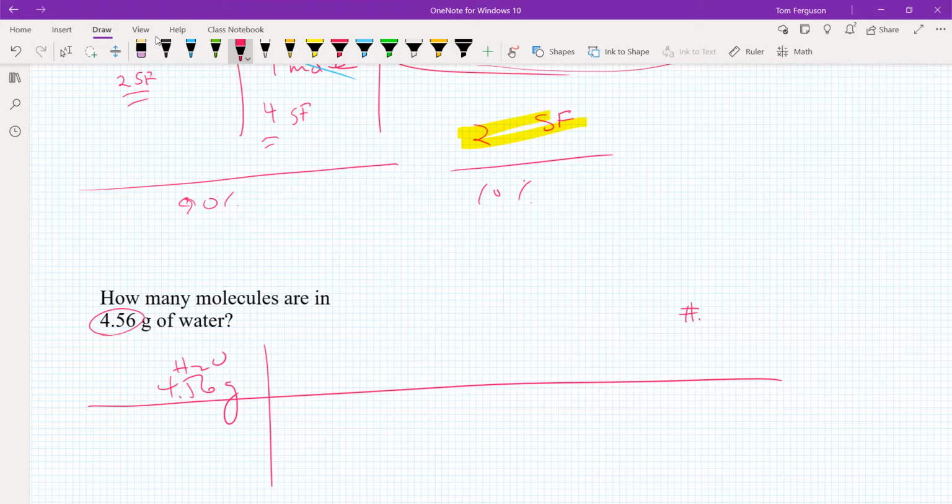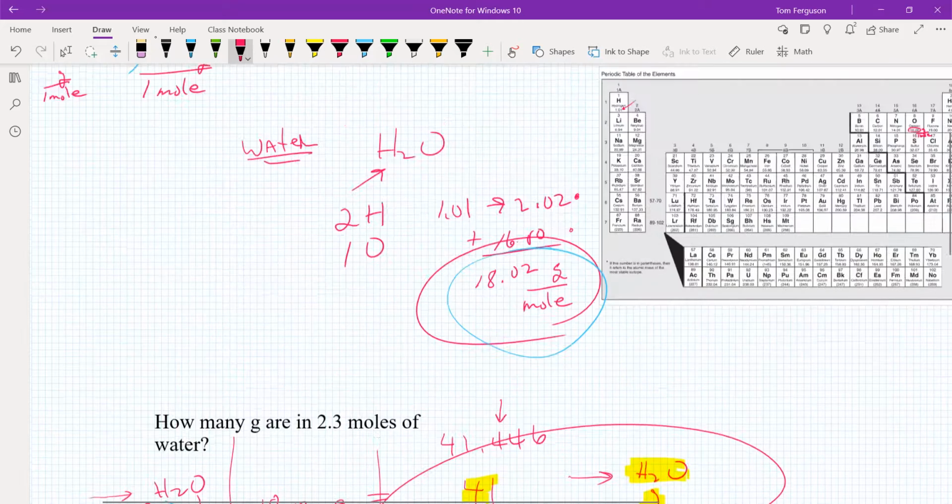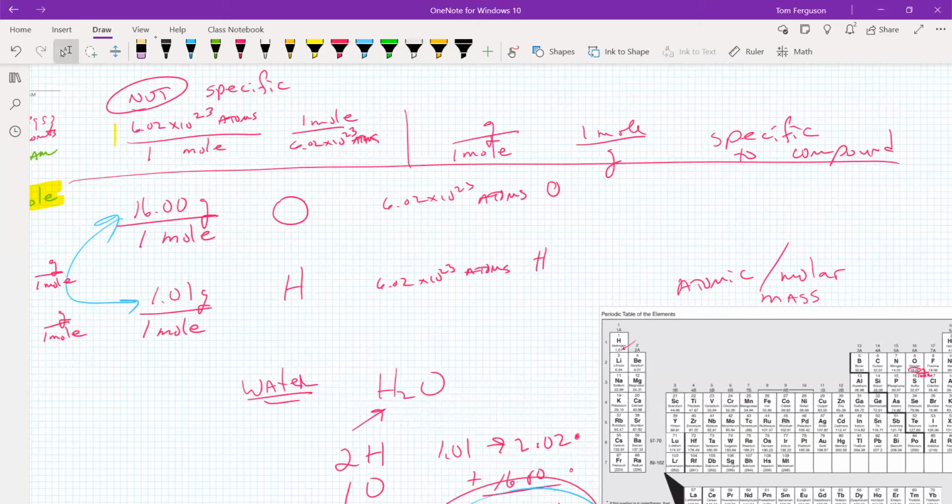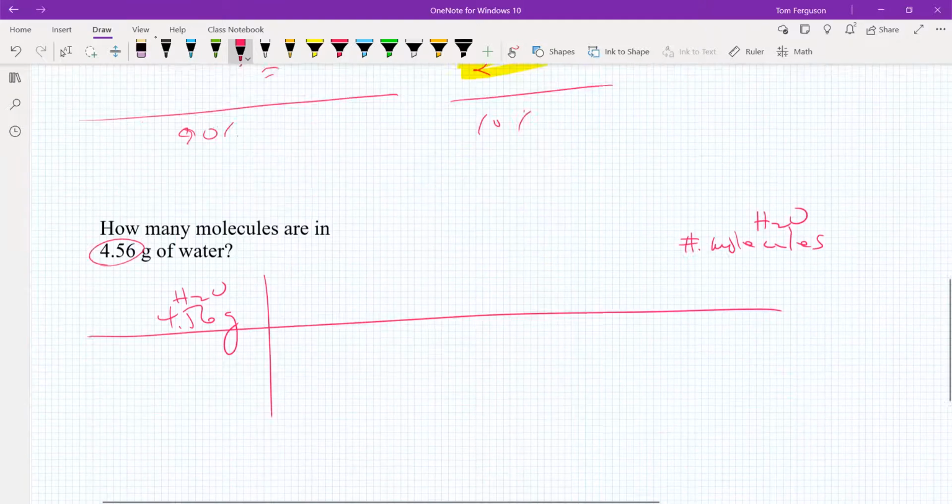Yeah, how many molecules of water? Okay. So do we have a conversion factor to go from grams to molecules? No. We've got moles to molecules and grams to moles. But no direct one, that means it's going to be a multi-step problem. And moles is what links those 2 together.